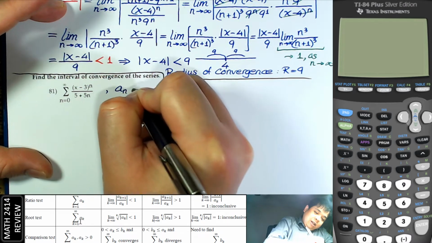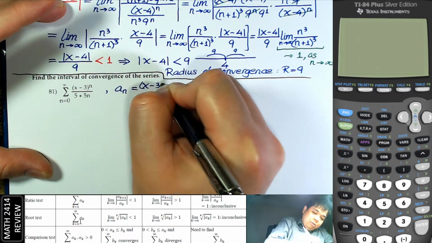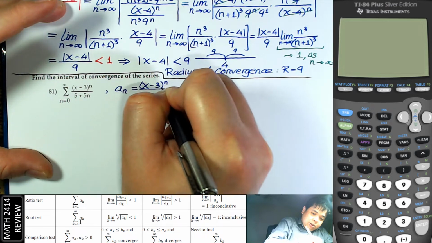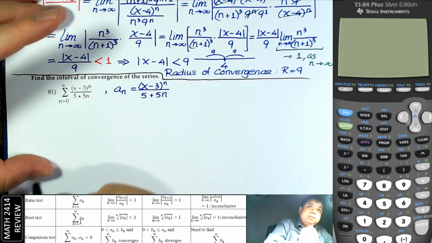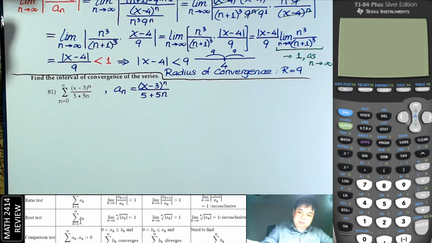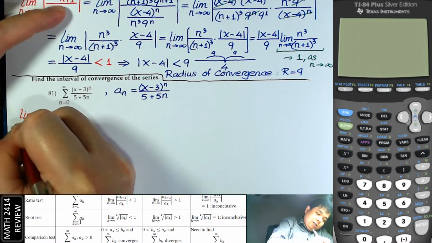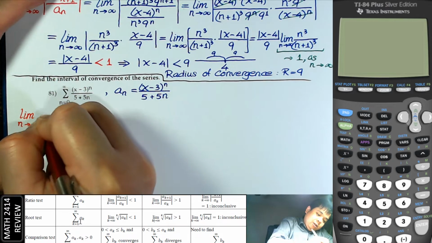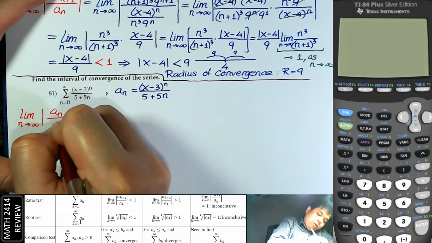A sub n is equal to (x minus 3) to the n power over 5 plus 5n. And write the ratio again, a sub n plus 1 over a sub n.